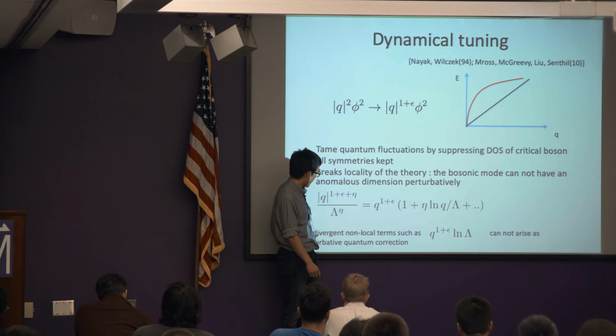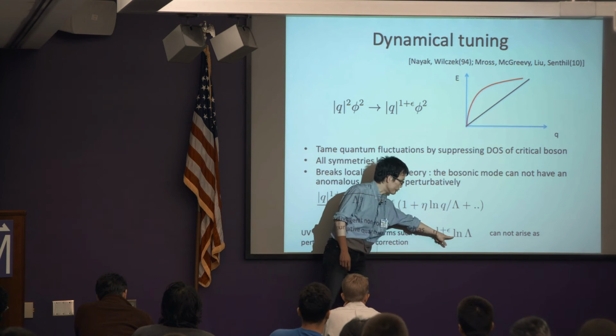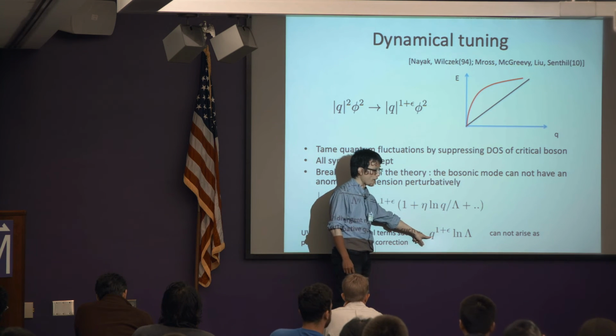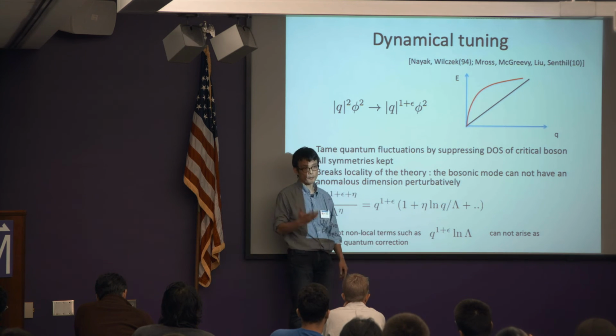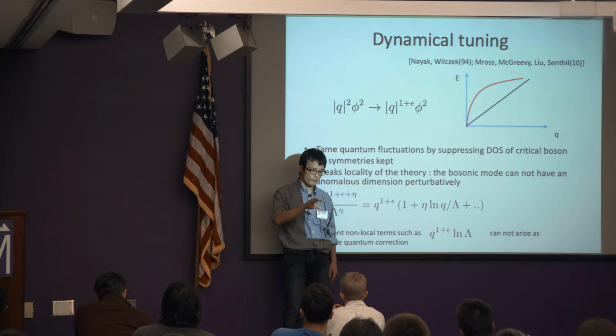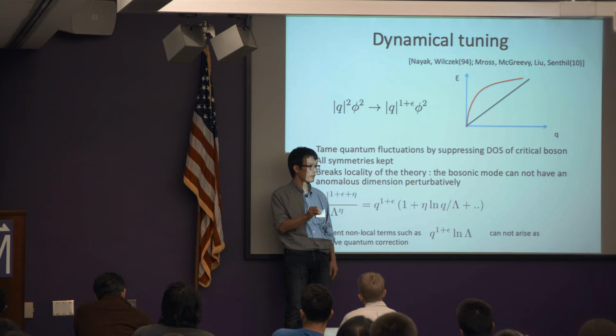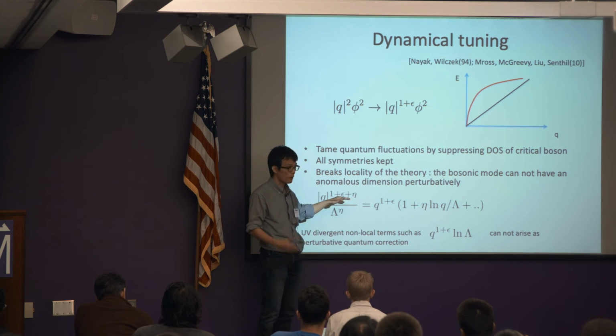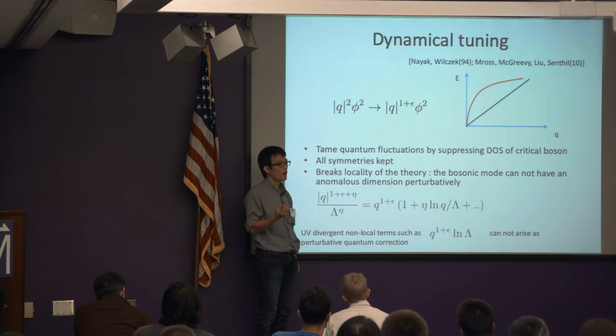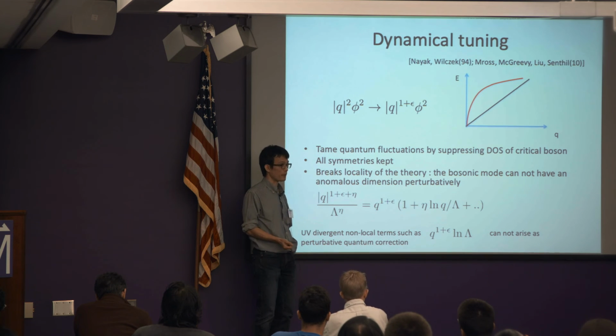And then you end up having this kind of UV divergent correction that is non-local in space. But this kind of correction cannot appear in a local RG scheme because UV divergent contributions come from short distance fluctuation. So they are bound to be local. So you cannot have this kind of quantum correction that gives rise to anomalous dimension.